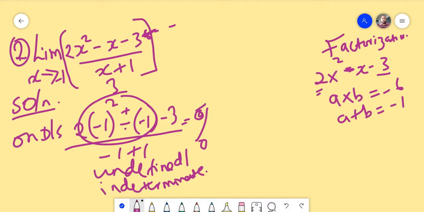So what terms are those? Those terms are minus 6 and positive 1. With minus 6 and positive 1, we can write this. This is just the factorization, and you can also use a calculator, which might be easier. So here we'll have minus 6x, then plus x.